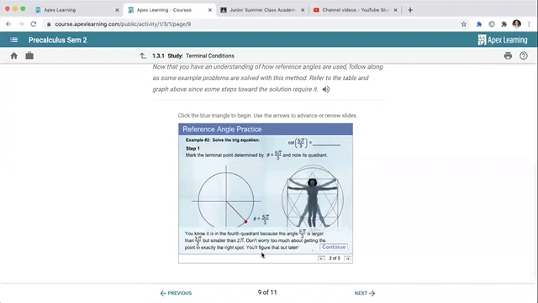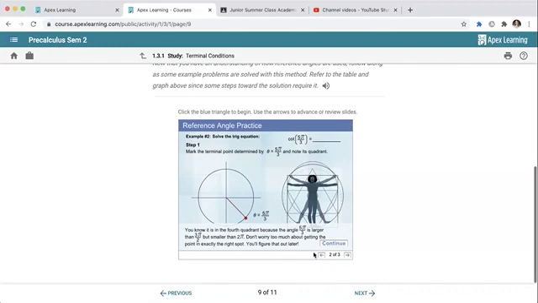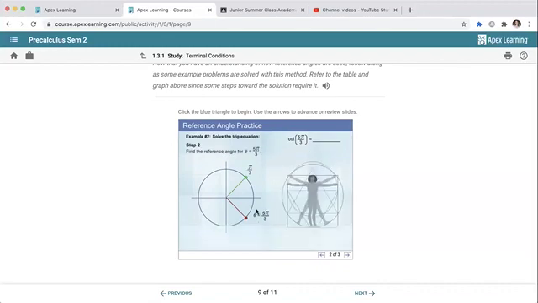So one more example, and I'll let you do the third one on your own. For this practice example, it's asking you what's the cotangent of 5 pi over 3. First off, you have to figure out its reference angle. 5 pi over 3 is somewhere around here, and its reference angle is going to be pi over 3.